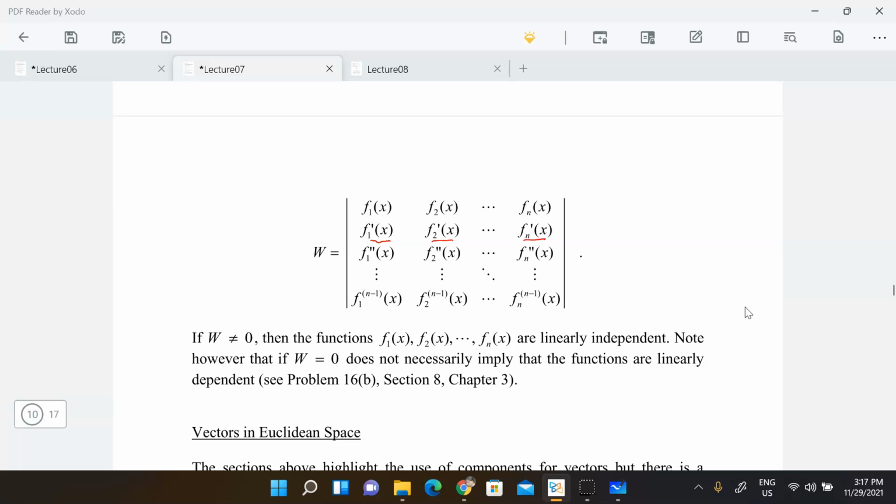So I can have something like this: a function that looks the same at the level of the function itself in a certain domain, a certain interval of x, but it might coincide with this.